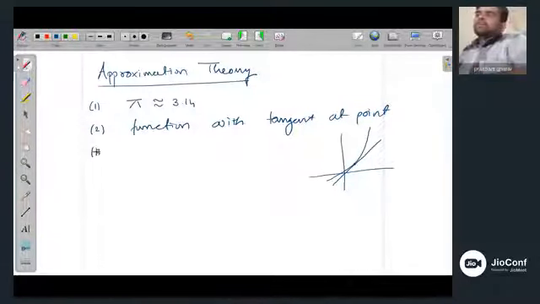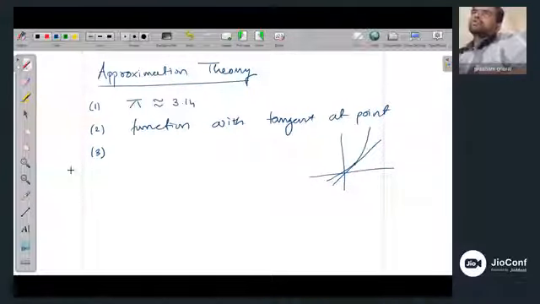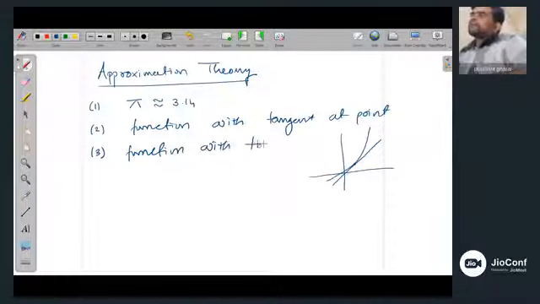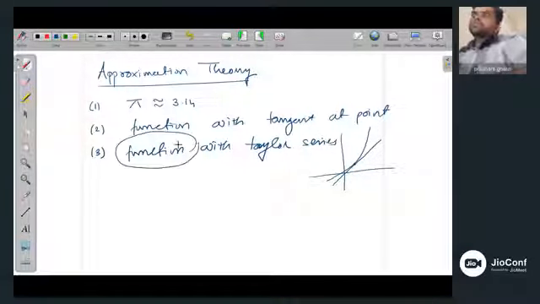The third thing that I want to emphasize: when they grow a little more and go to the undergraduate level, there they approximate a function with a Taylor series. Now, when I say function, it is not all functions.